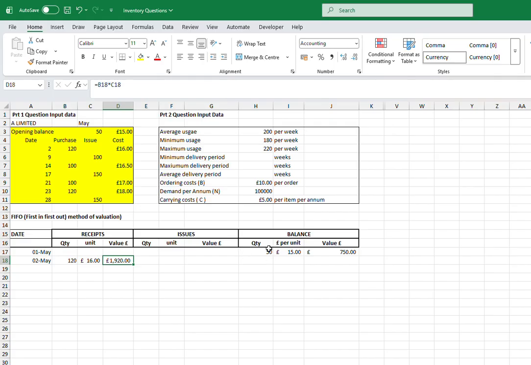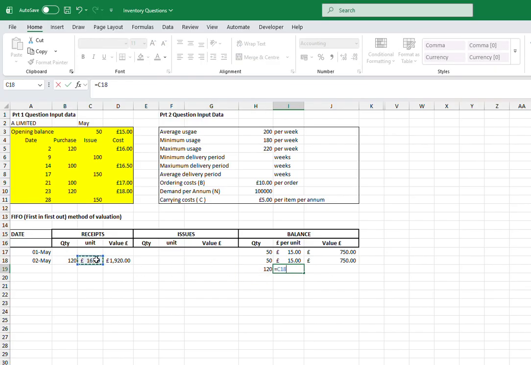So what we have now, after the 2nd of May, is two different sets of these items, whatever they are. We've got 50 that were bought at £15 and 120 that were bought at £16.